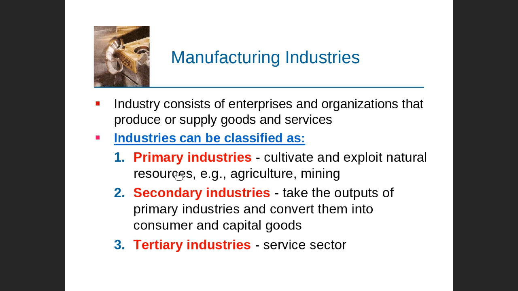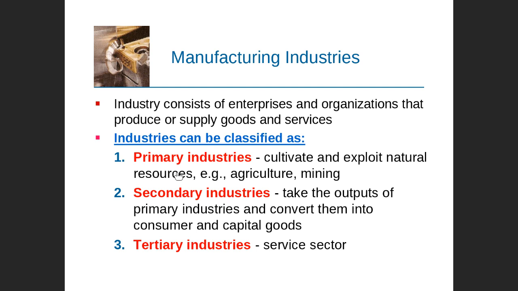Then they bring these minerals and metals from underground, and this is a primary industry. That's it, finished. The other one is oil, crude oil, in the petroleum direction. They bring the crude oil, and this is the primary industry. Primary industry is finished now, only to cultivate the natural resources.